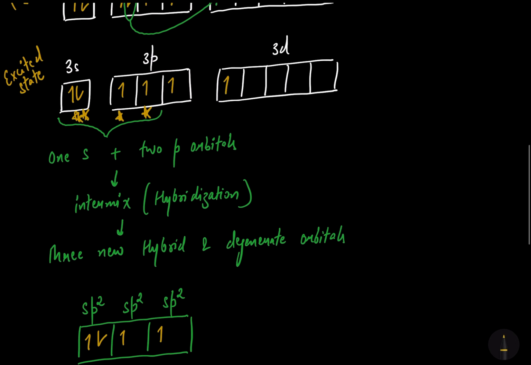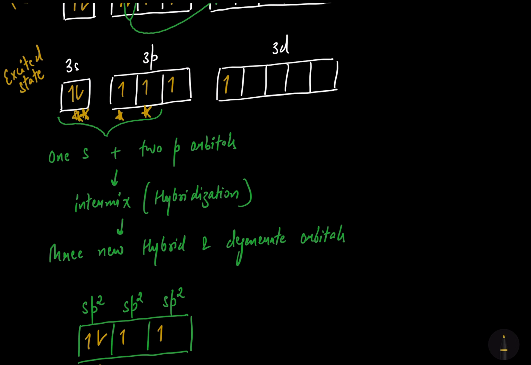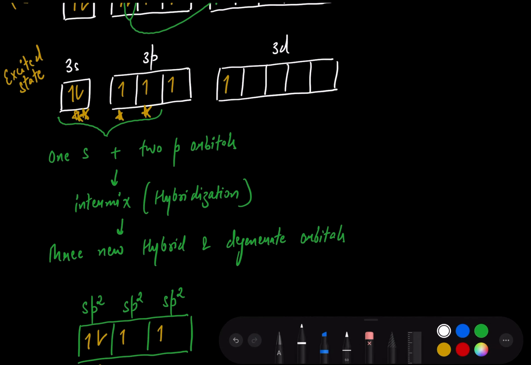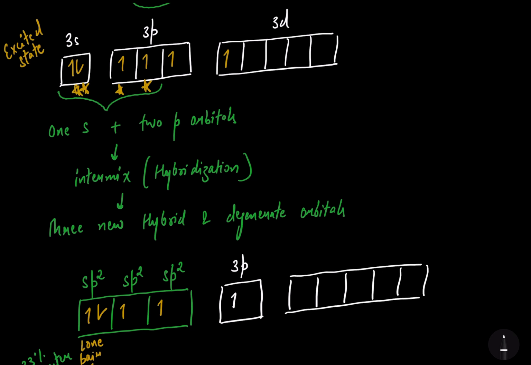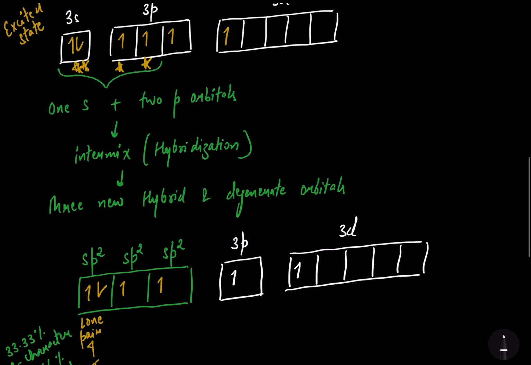Now on the other hand, which atomic orbital do we have left? Now we are left with one of the p orbitals. We are left with one 3p orbital containing 1 electron, and we are left with the d subshell, which has 5 degenerate atomic orbitals, 3d, in which one of the electrons is present.